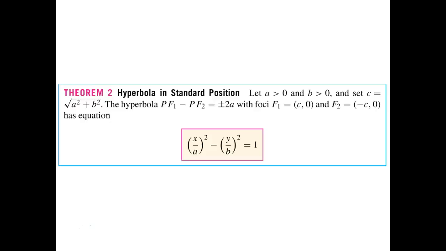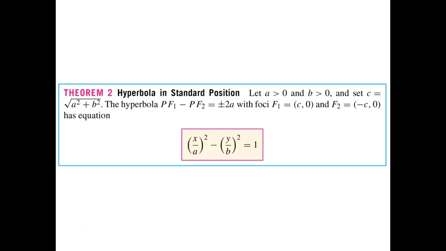This is 2a, with foci F1 at (c, 0) and F2 at (minus c, 0). Same as before except the definition of c. But this time, the branches are going apart, not going together. And that's the equation for a hyperbola.